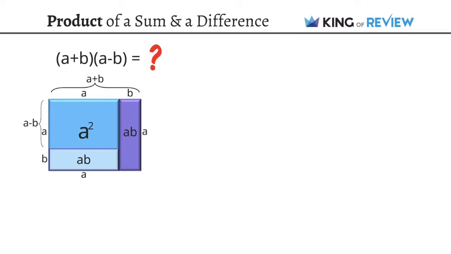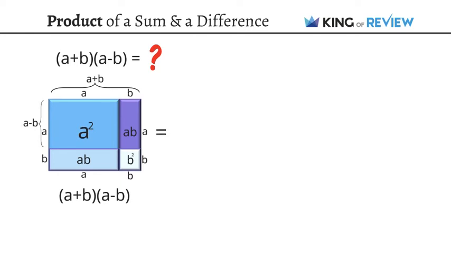Oh, I should subtract this area, right, to make a plus b times a minus b. Okay, now the area of this rectangle is a plus b times a minus b, right?